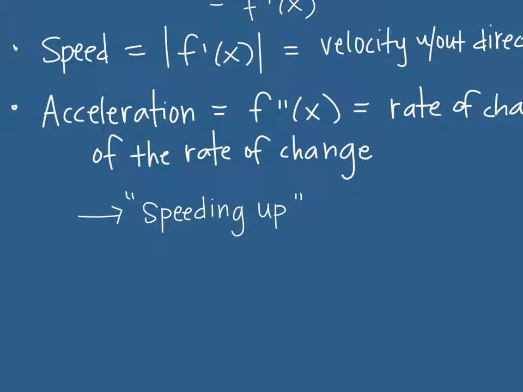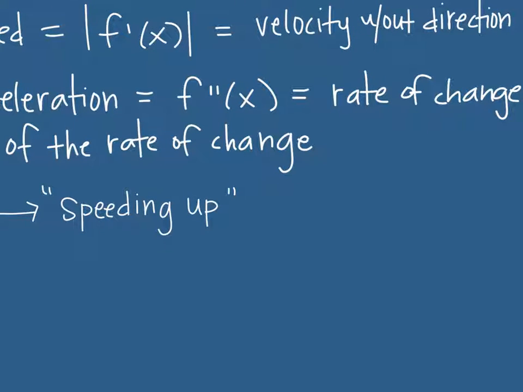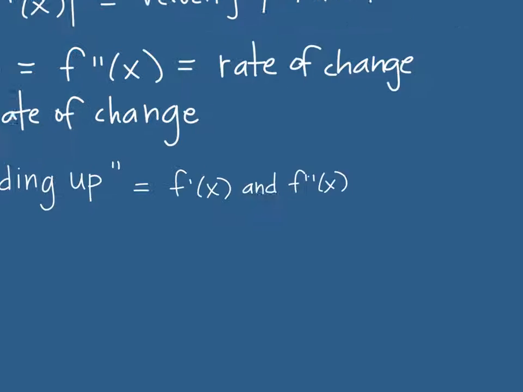If we were in a different language, we would have different words for that, but we're not. We're using English. So there is a difference between having speed and speeding up. Those are two different things. All right, so how do you know if something is speeding up? If something is speeding up, f prime of x and f double prime of x share the same sign.